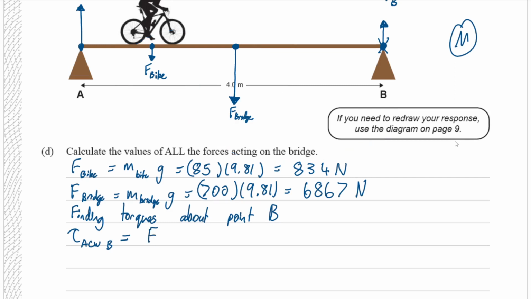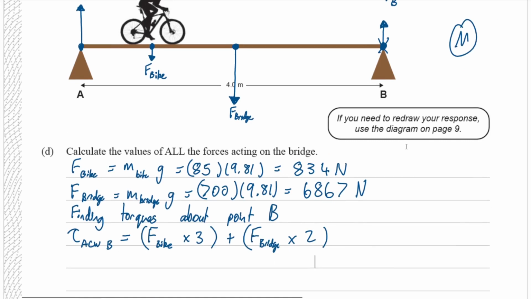So F bike times the distance the bike is away from B, which is 3 meters, plus F bridge times the distance the bridge is from B, which is 2 meters, right? Exactly halfway along the bridge.